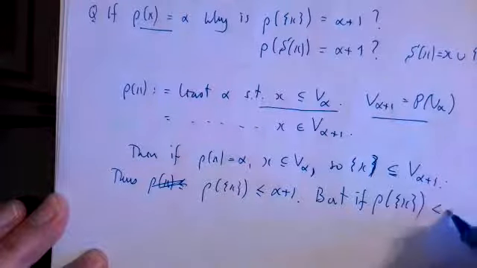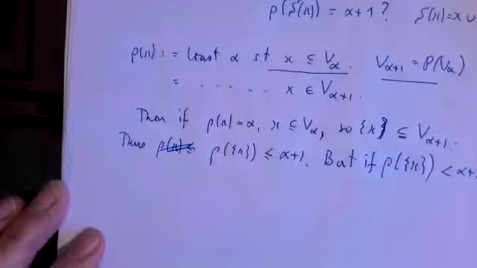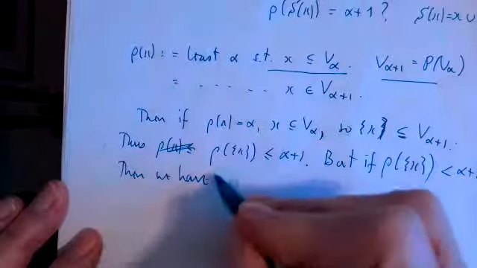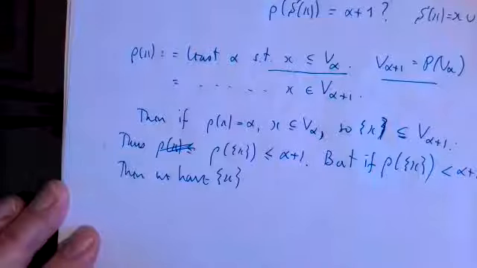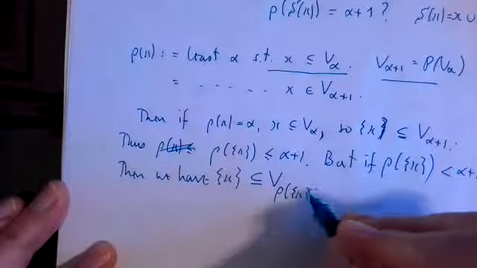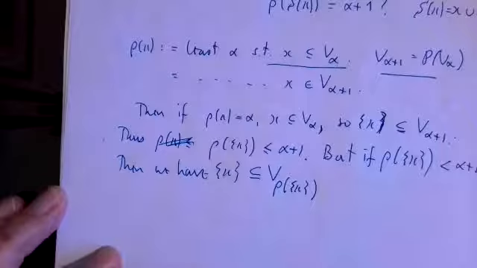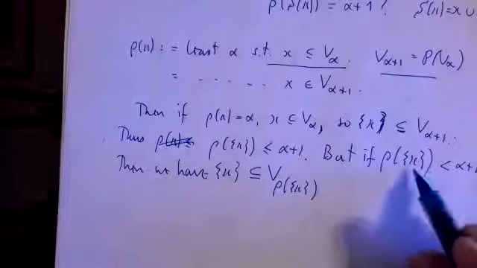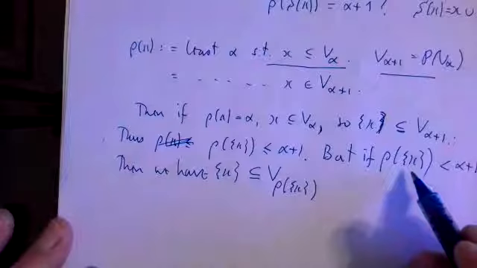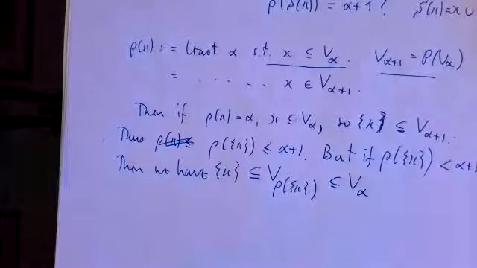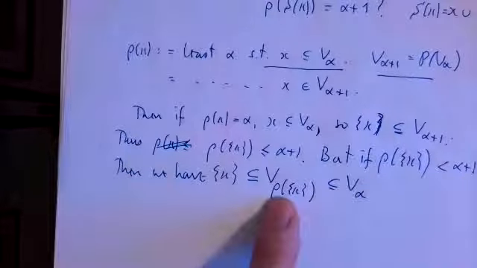If the rank of the singleton X was less than alpha plus 1, then we would have that the singleton X, which after all is a subset of V of the rank of singleton X, is a subset of V alpha, because then the rank of singleton X is less than or equal to alpha.